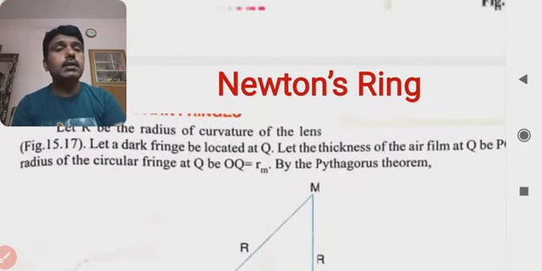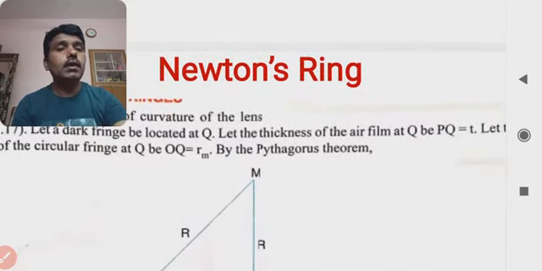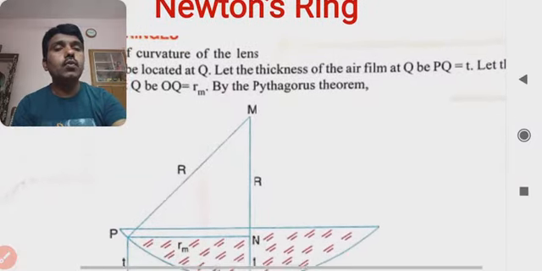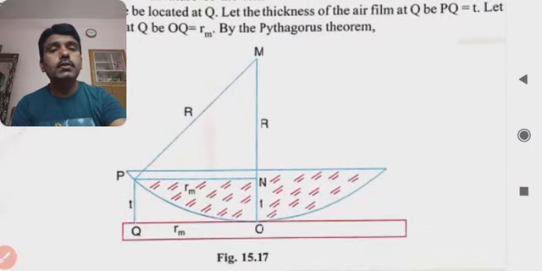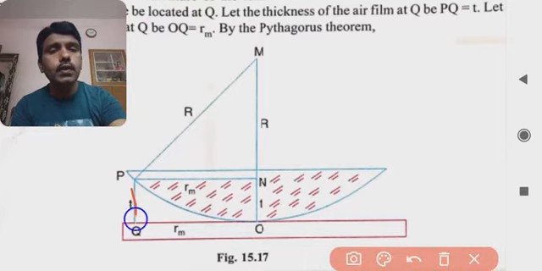That is the consideration. Let the thickness of this air film be PQ, and this is the thickness of the air film, noted with the small t. No doubt NO is parallel to it exactly, and that's why NO will also have the same value, small t.